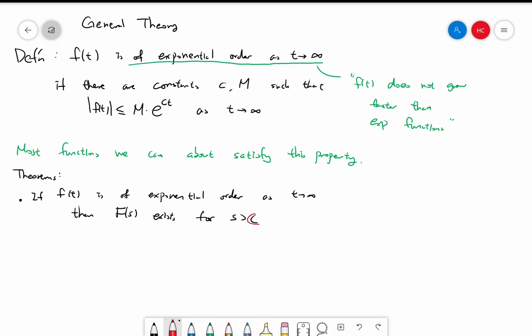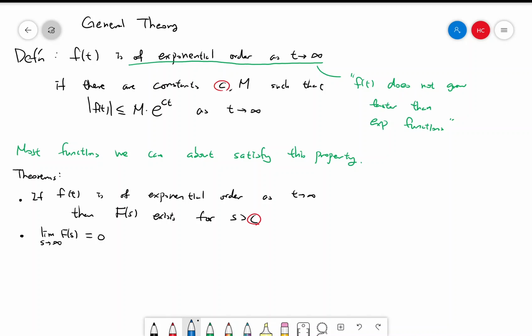The c here is the c coming from the constant up here. And the consequence of this is the limit of the Laplace transform as s approaches infinity is 0. This is a very powerful property.